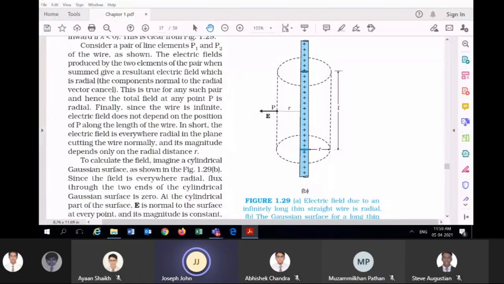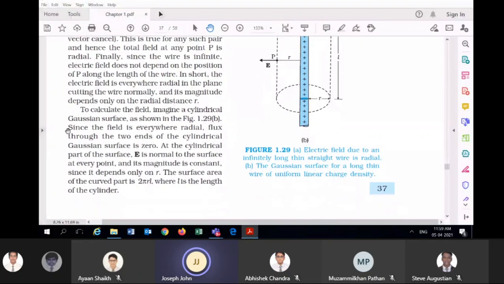Choose a Gaussian surface. Spelling is here. Can you see the spelling here? Gaussian surface. This is the spelling.